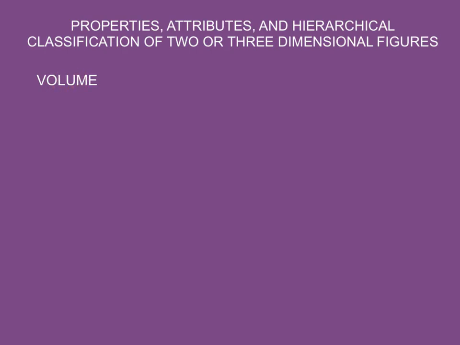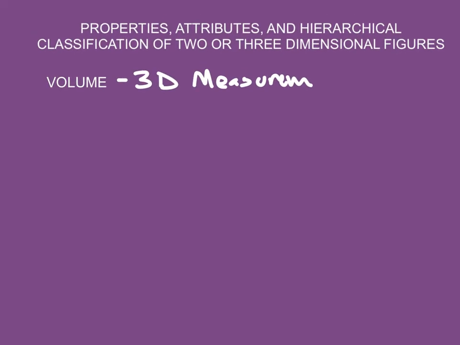The last word that we have is this word called volume. Okay, now volume is a three-dimensional measurement, similar to area, but it's a three-dimensional measurement of the space that an object takes up. So three-dimensional measurement. And so what I want to do is think of just a rectangle, okay?